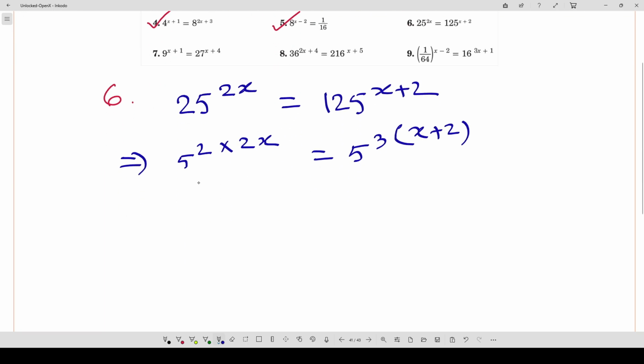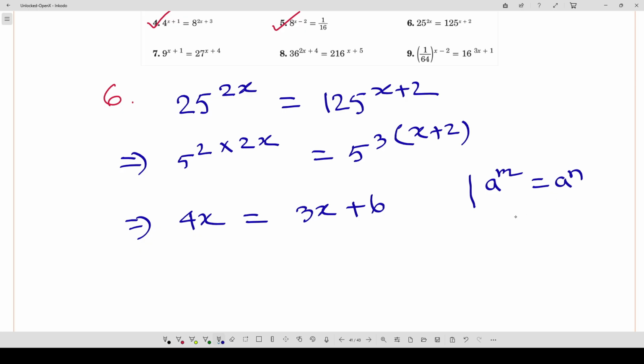Now look, the bases are the same, that's why we can write 2 times 2x, which means 4x, equals 3x plus 6, right? Because we know once the bases are the same, the powers will be equal.